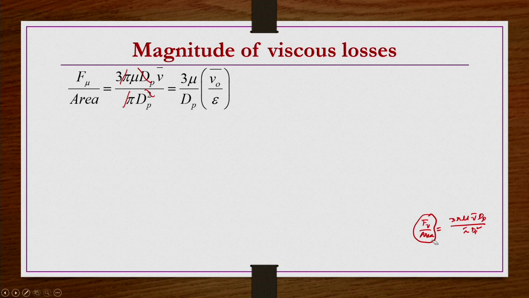From the Kozeny-Carman equation, delta p by L equals 150 and all that term, and if you divide by this particular term, you will get the magnitude of viscous losses. Why that particular equation, Kozeny-Carman? Because that is the equation showing the pressure drop due to the viscous losses only.